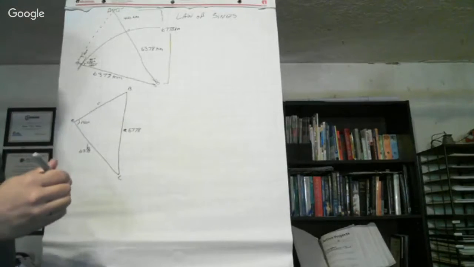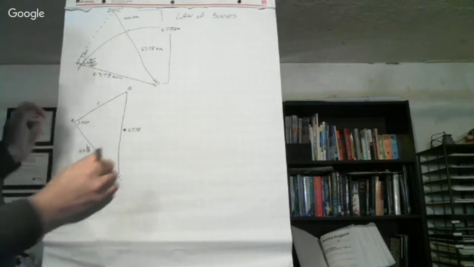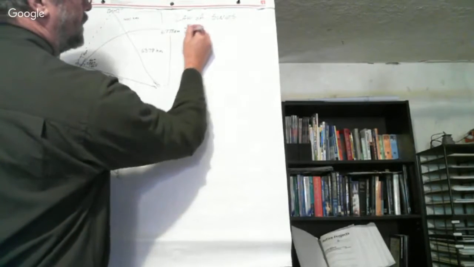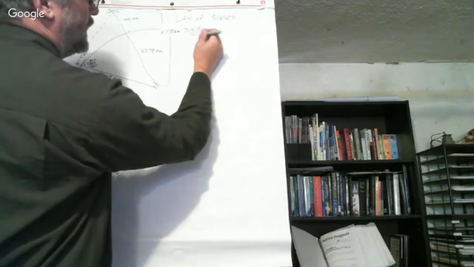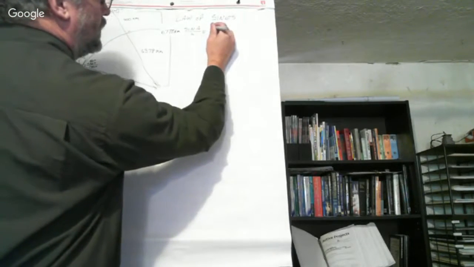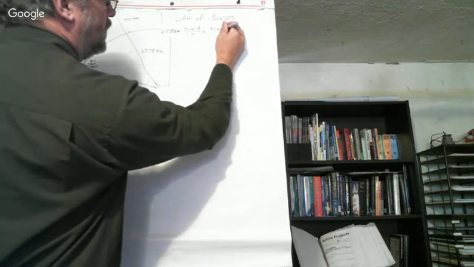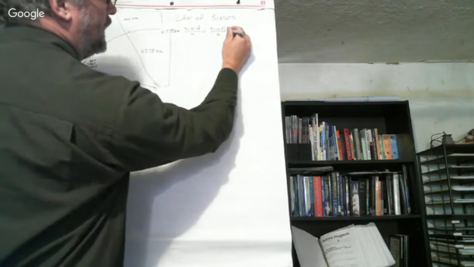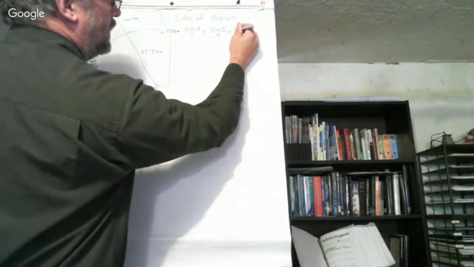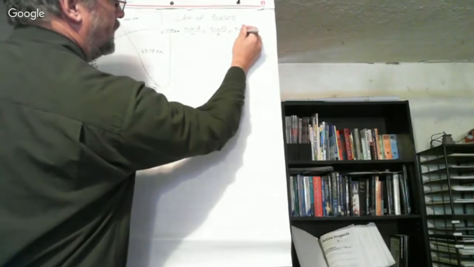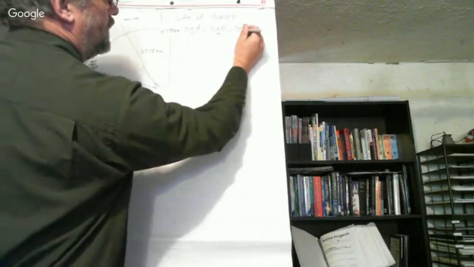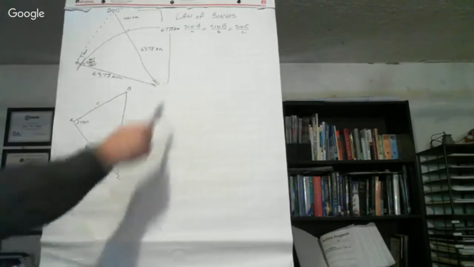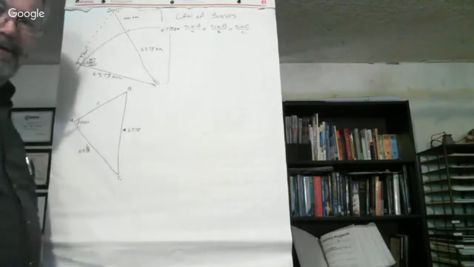The law of sines simply states that the sine of A over segment A is equal to the sine of B over segment B is equal to the sine of C, and all these are angles, over segment C. It simply is an equality of the three things.